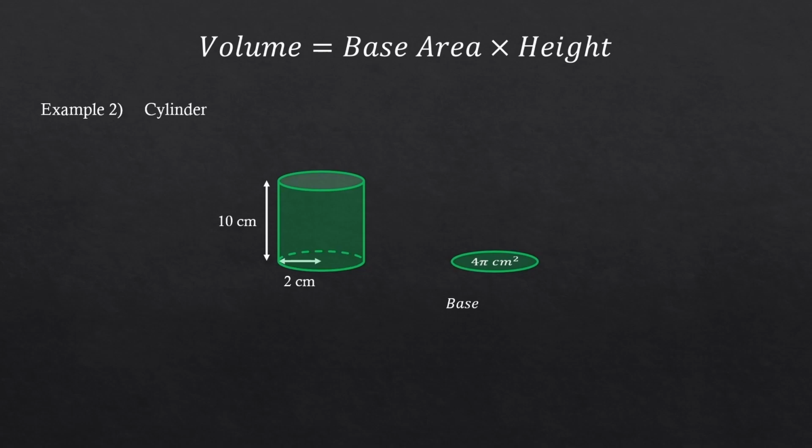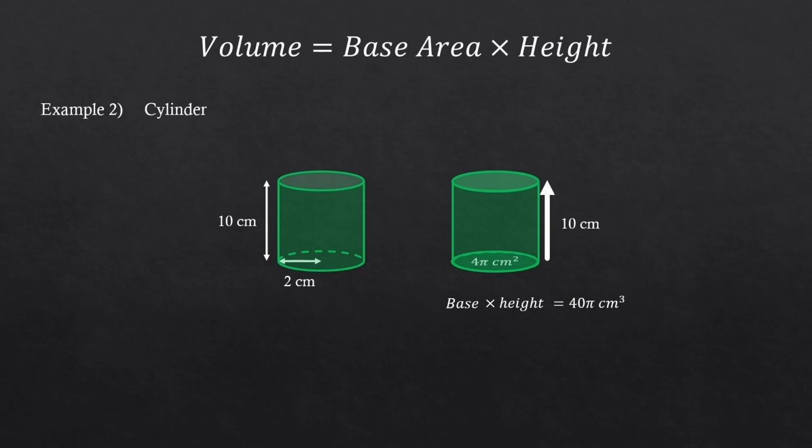This is our base area. And what did I say? Volume is the base area times height. So it stretches up by 10 centimeter. So the volume is 4 pi centimeter squared times 10 centimeter, which is going to be 40 pi centimeter cubed.